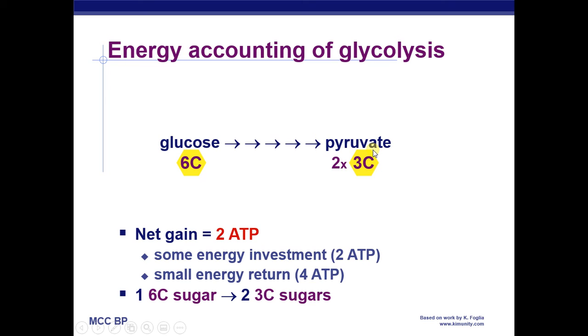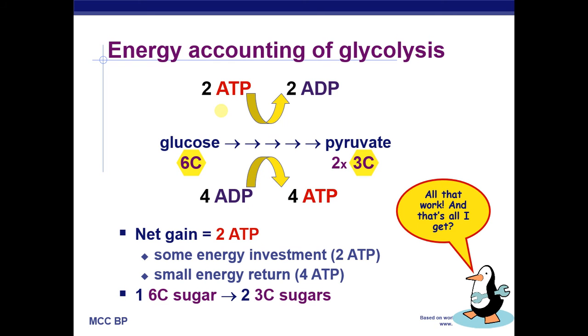That's the big story. We put in 2 ATP in the first energy investment phase to get over our activation energy hump to start the energy payoff phase. We make 4 ATP. So in net, our total profit is 2 ATP.